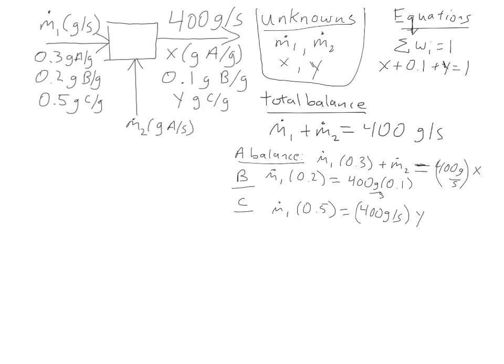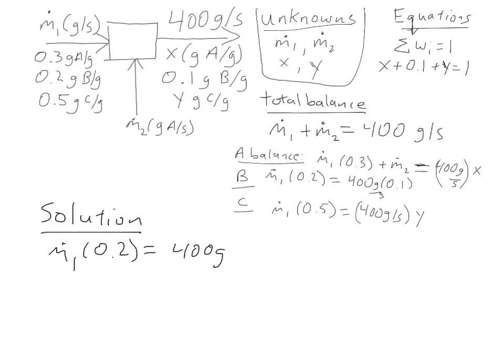So let me go ahead, and I see already, just looking at these equations, that in this equation right here for the balance on B, there's only one unknown variable, M1. So that's good. I can solve this for M1 real easily, and I'm going to do that. Let me just write here, here's my solution. M1 times 0.2 is equal to 400 grams per second times 0.1.